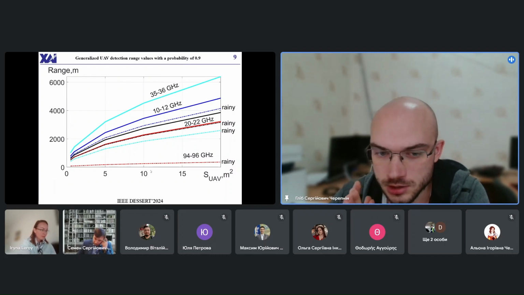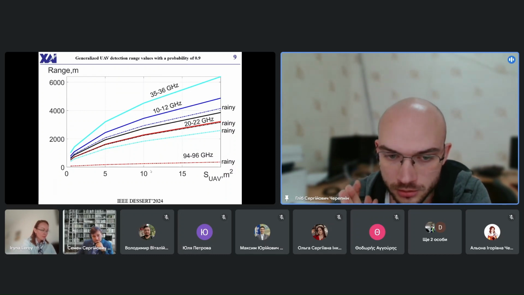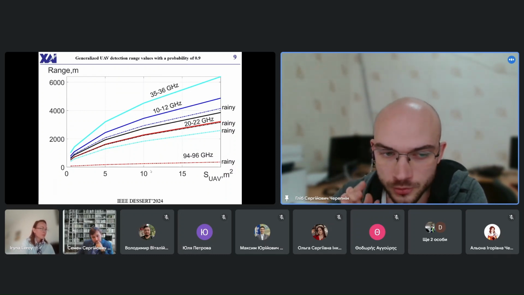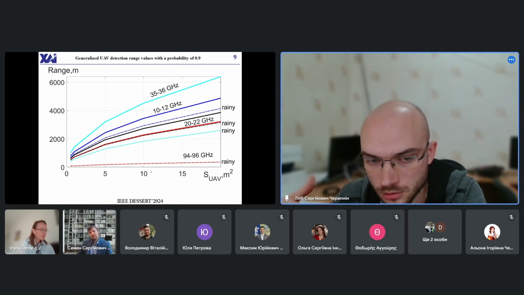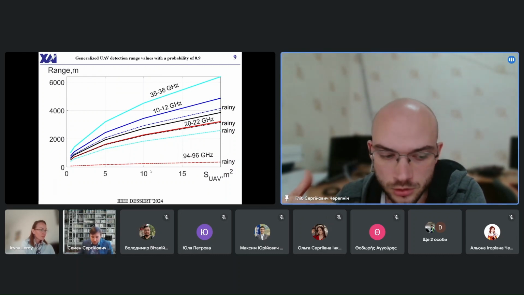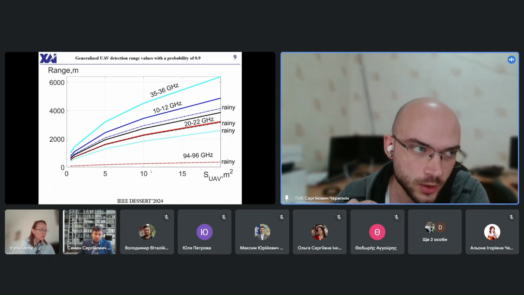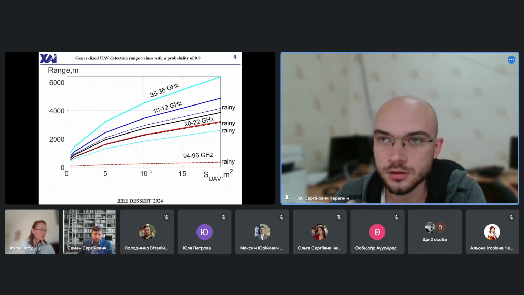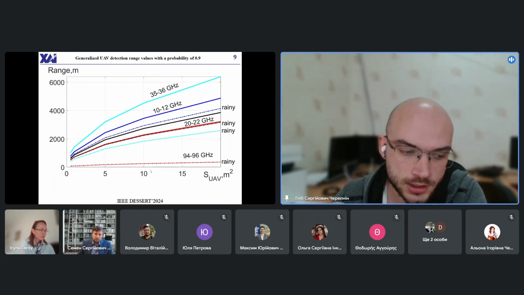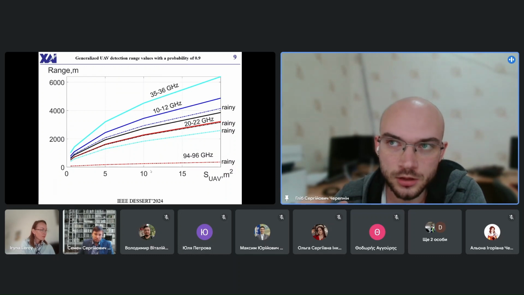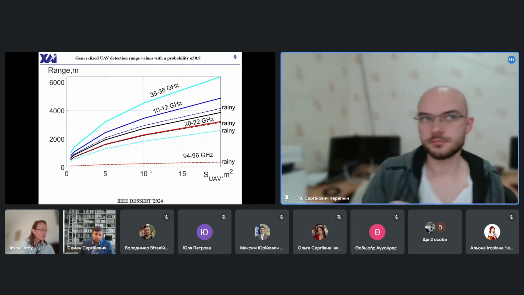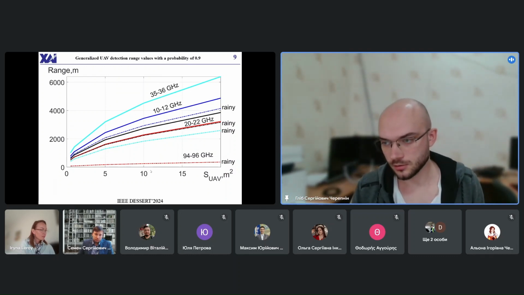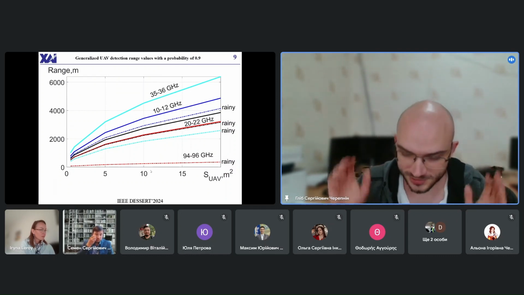Also, you can see that in rainy weather this radiometer shows worse results, also because of the specifics of the wavelengths, because in rain the wavelengths of our radiometer and atmospheric droplets are mostly in the same physical range.